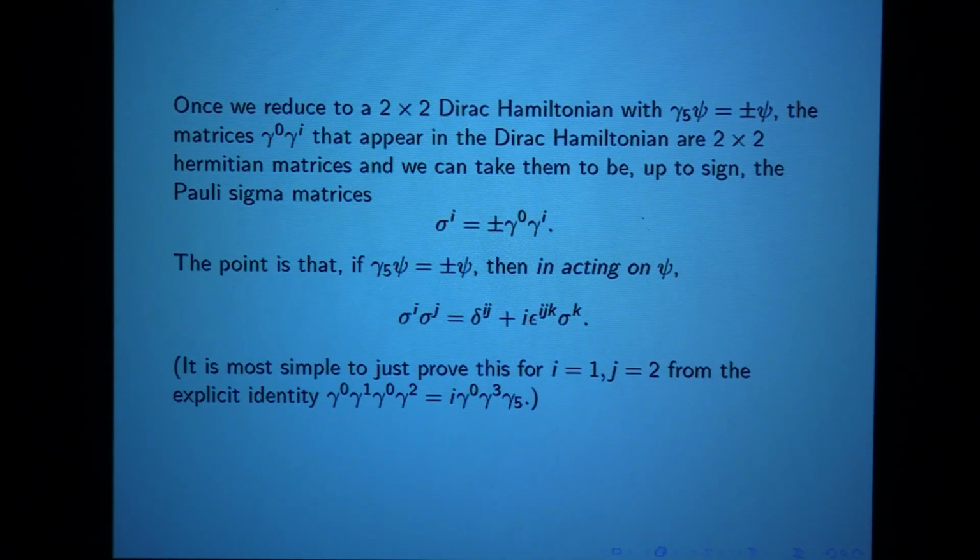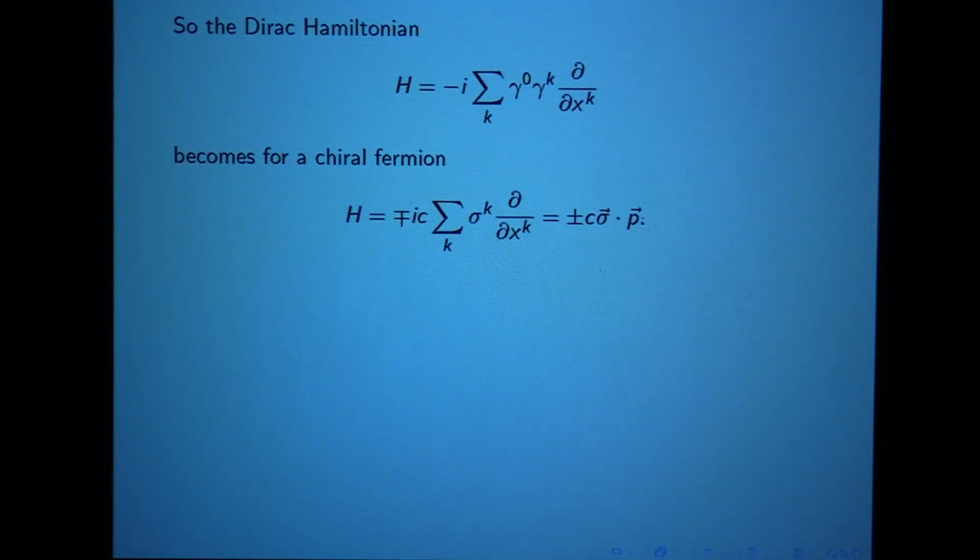The point is that once gamma 5 psi is plus or minus psi, in acting on psi, these matrices do obey the algebra of the Pauli matrices. So the Dirac Hamiltonian for a chiral fermion becomes sigma dot p times the speed of light times plus or minus 1, where the plus or minus 1 corresponds to the fermion chirality.